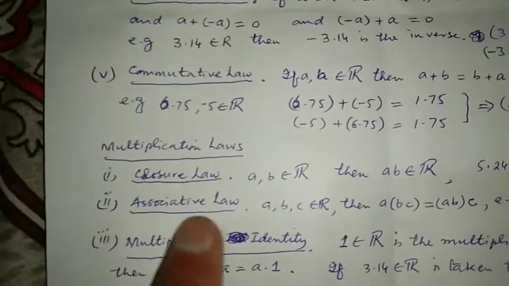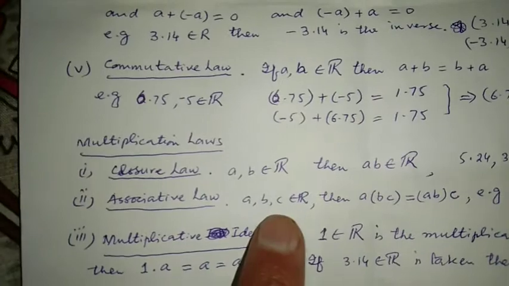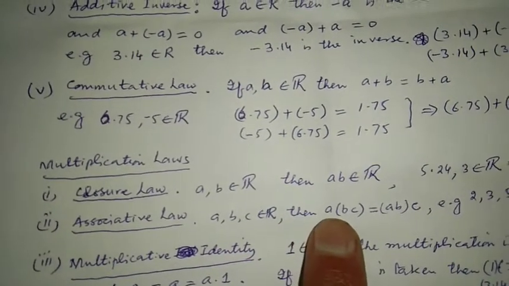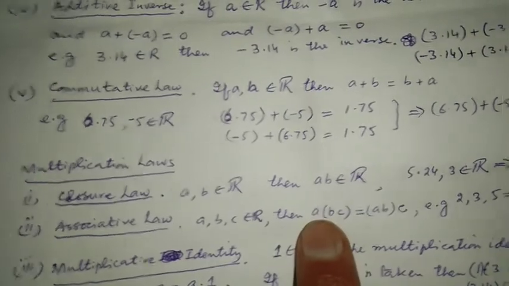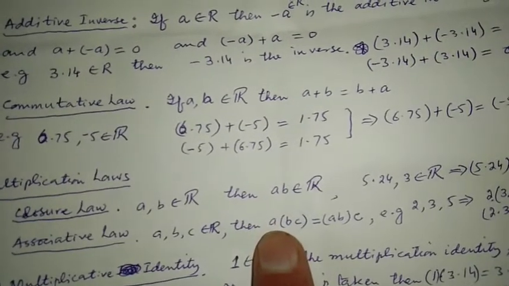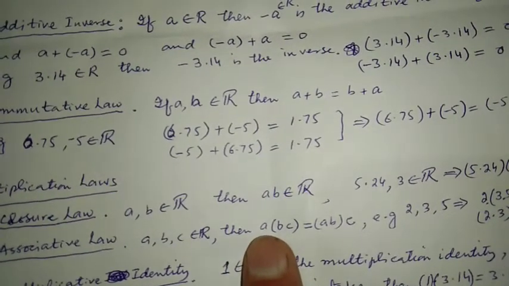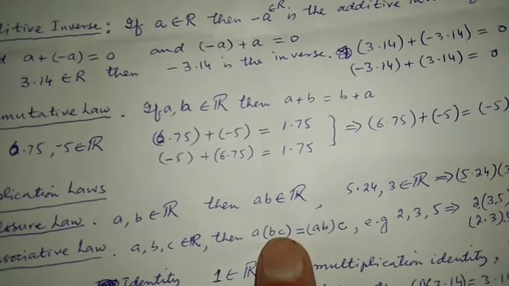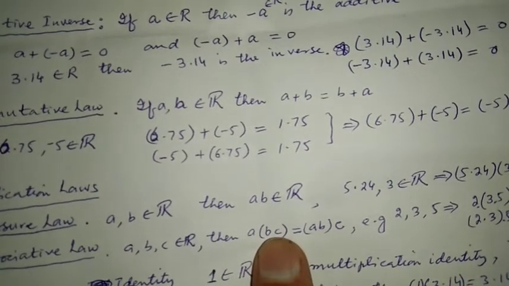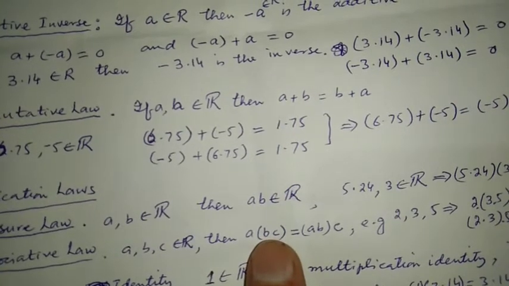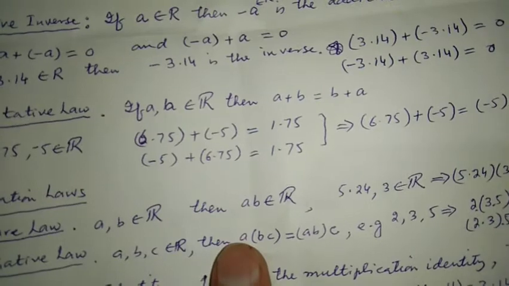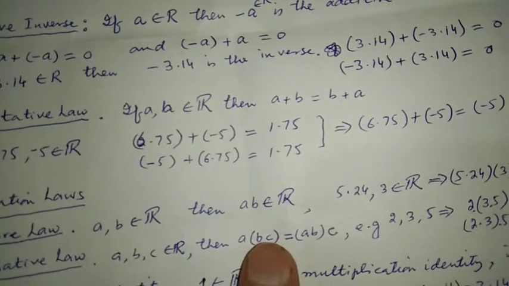Associative law. We are taking three real numbers a, b and c and we are multiplying these in such a fashion that first a is left and b and c are multiplied, and what comes out from b and c multiplication, again we are multiplying it from the right with a.